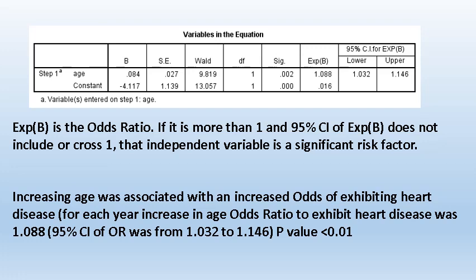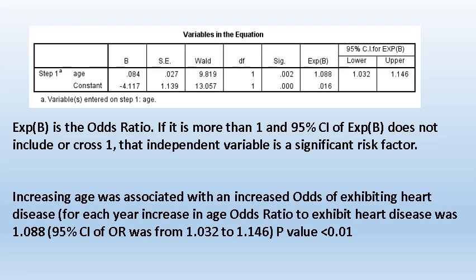As all of us know, if the odds ratio is more than 1 and the 95% confidence interval of exponential b, or odds ratio, does not cross 1 or does not include 1, that independent variable is a significant risk factor.